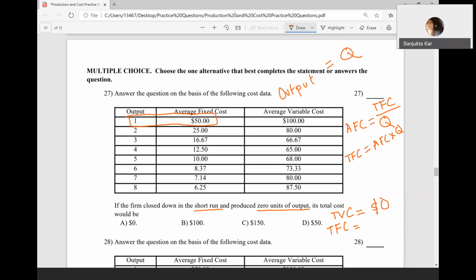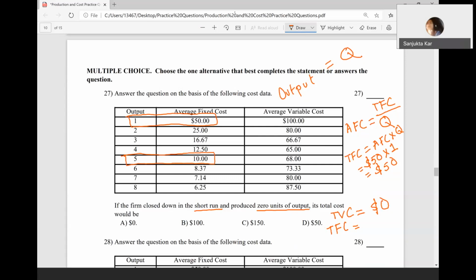So for the first unit of output, 1 times 50 is equal to 50. You can pick any number here.